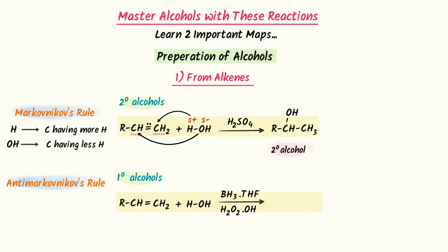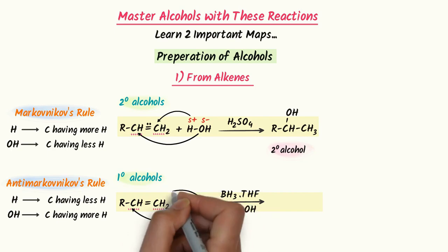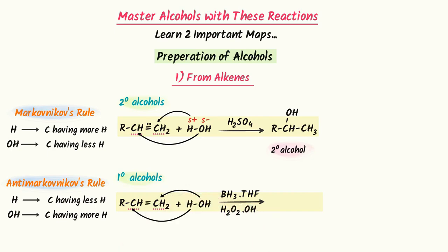It states that hydrogen goes to the carbon which has less hydrogen, while hydroxide goes to the carbon which has more hydrogen. Thus this hydrogen goes to a carbon having less hydrogen, while hydroxide goes to a carbon having more hydrogen. As a result, I get 1 degree alcohol.